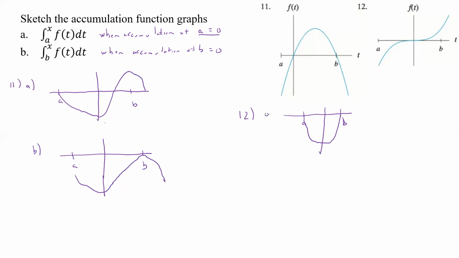Now that's for A. For B, we're going to offset it, and this time it's going to go in the other direction, because now B has to give us the 0, so it's going to be moved up, and this is going to be coming down from up here. Maybe I'll put my points in later, and then we'll flatten out, and then we'll go back up. So this is our B, this is our A. B had to be 0 at that point, so that's why we had to move this whole graph up until it would hit that 0.